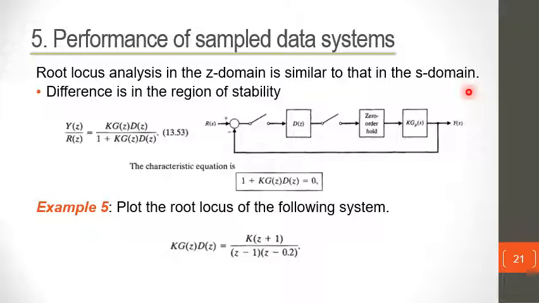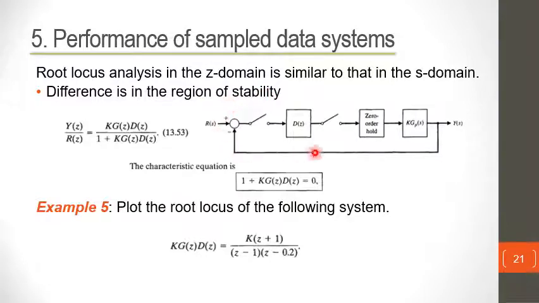So the same rules apply for plotting the root locus. You can calculate the breakpoint the same way, and the angles of departure the same way. The rule that the root locus sits on the left of an odd number of poles and zeros applies. And then the major difference, obviously, is the stability region.